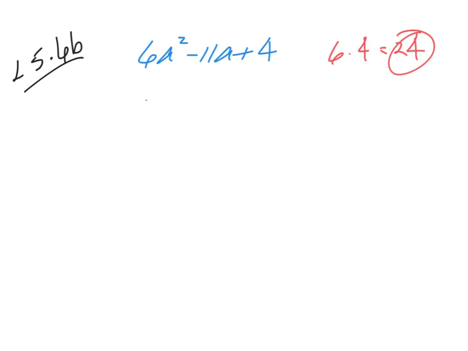So what two numbers multiplied give you 24 and added give you negative 11? 8 and 3. 8 times 3 is 24, and if we add 8 and 3, we get 11, but in order to get negative 11, it has to be negative 8 plus negative 3. Negative 8 times negative 3 is a positive, so that gives me my 24, so that's good.